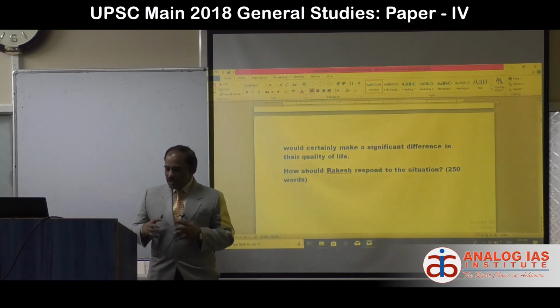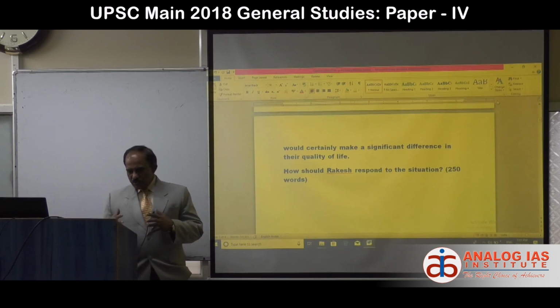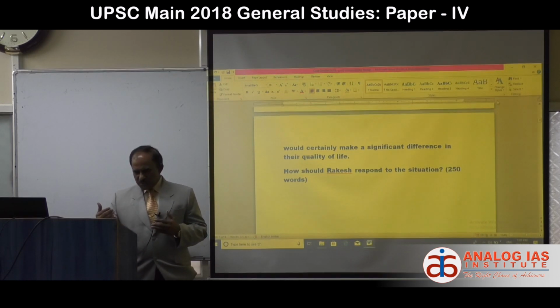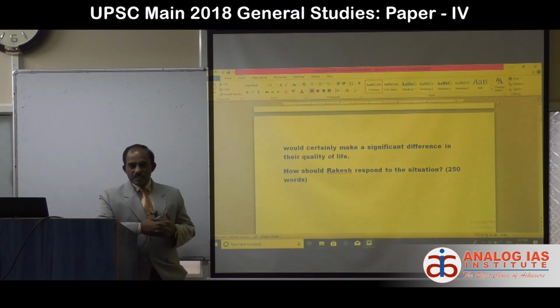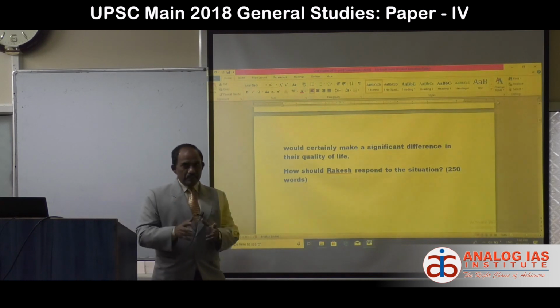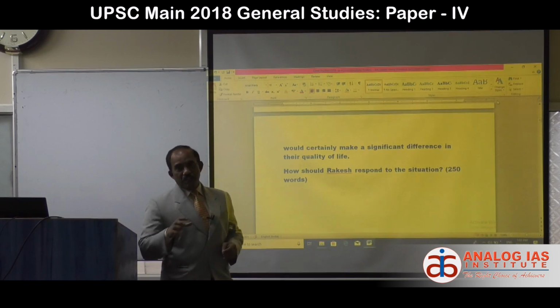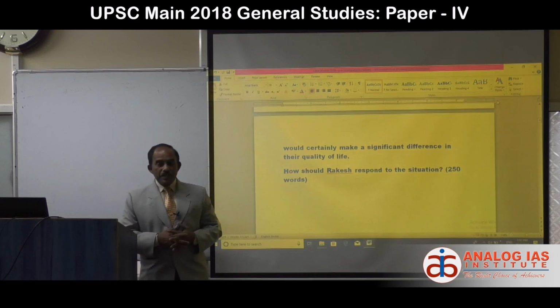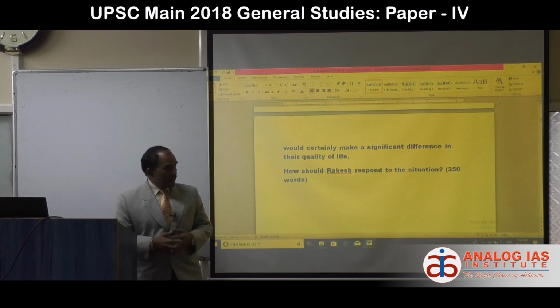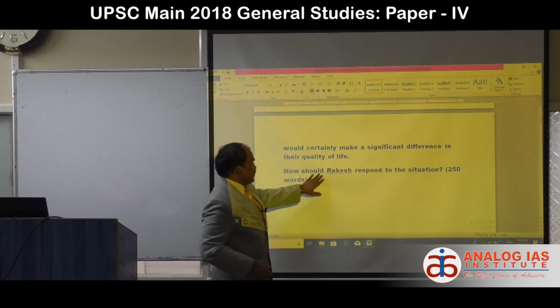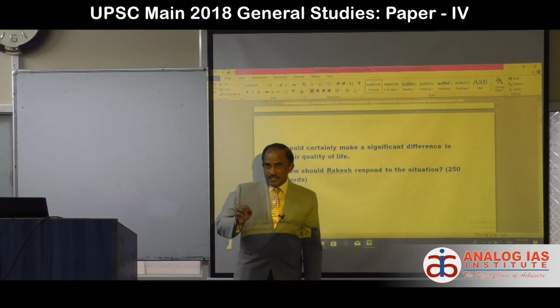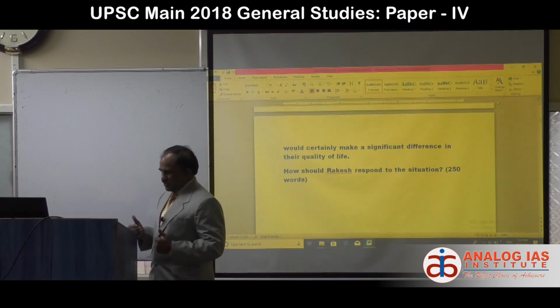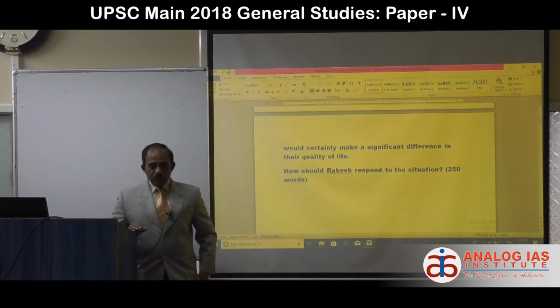So, here the nature of the case study, when you study them, it is on the ethics. So the nature of the case study is ethics-based case study, and it is the type 4 where the choices are not given and the candidate has to identify the choices available to him.